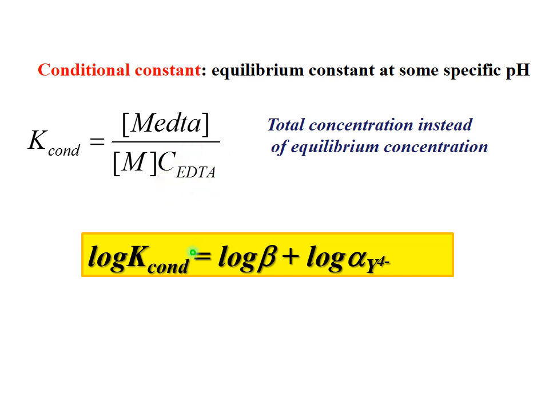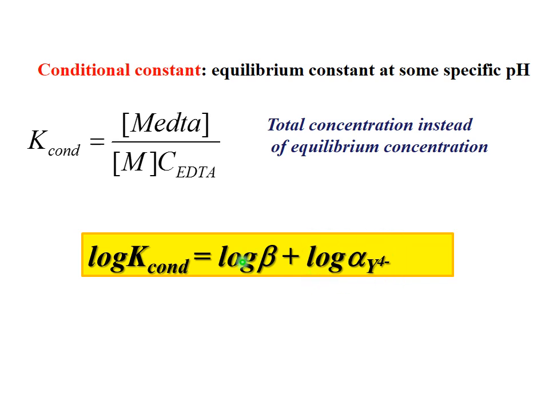In this case, we can calculate our conditional constant from formation constant and a log of fraction of EDTA, where we are getting this number from the table on previous slide or similar tables in the reference book, where we are taking this number from a chart or table in another reference book.